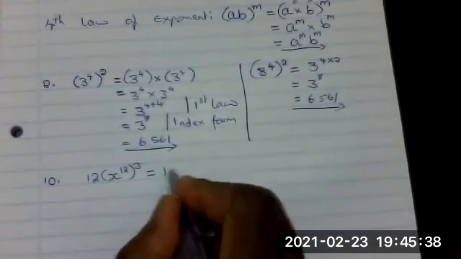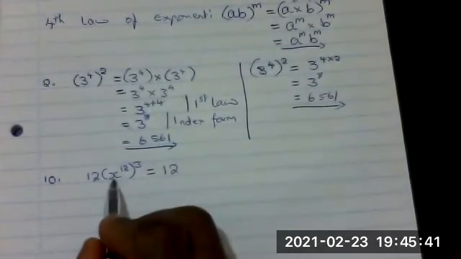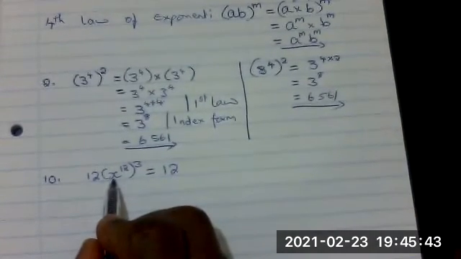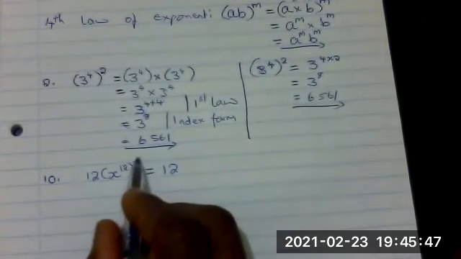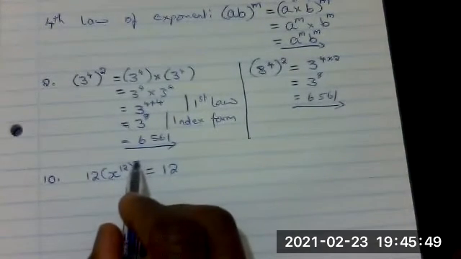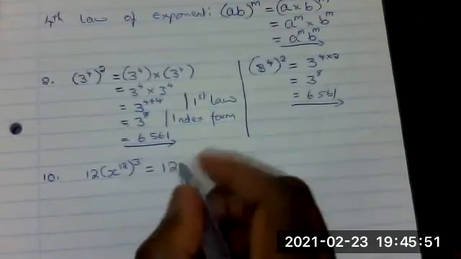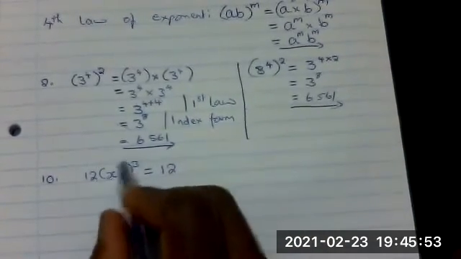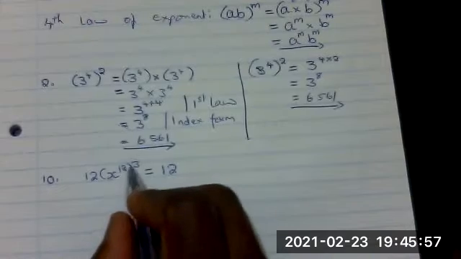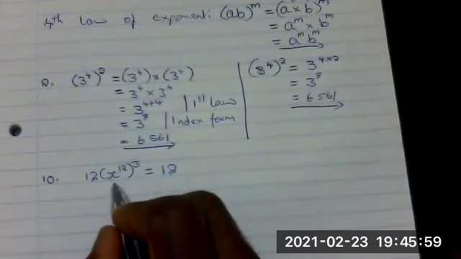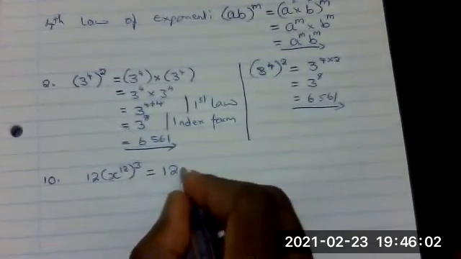So it's 12, then the bracket is going to be multiplied 3 times. That's using first law, right? But instead of using the first law, we just say, since there are two exponents raising the same base, we multiply the exponents.